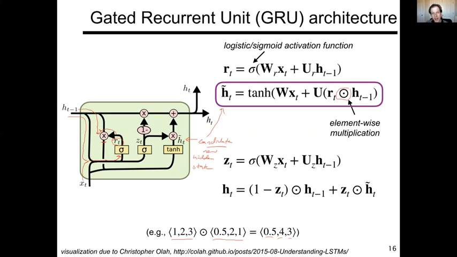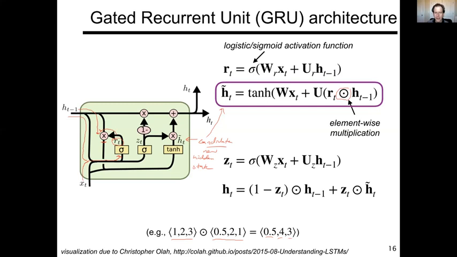So to the extent that elements of R are small, parts of the hidden state are going to be forgotten. To the extent that elements of R are large, those parts of the hidden state will be remembered and carried through. And then you wind up with this candidate new hidden state.